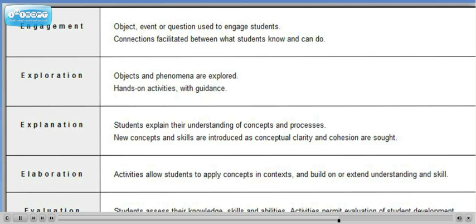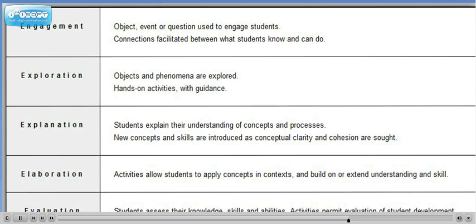This model describes a teaching sequence that can be used for entire programs, specific units, and individual lessons. The 5E model is also being used for professional development sessions. The 5 E's represent 5 stages of a sequence for teaching and learning: engage, explore, explain, elaborate, and evaluate.